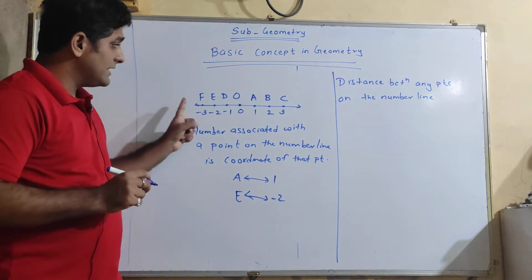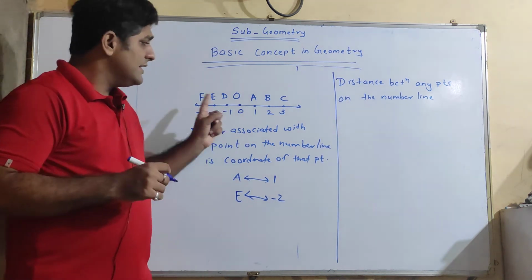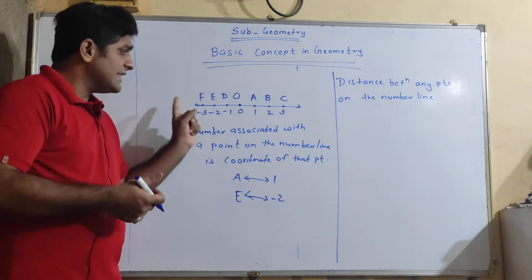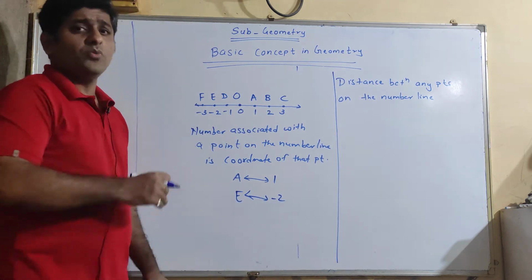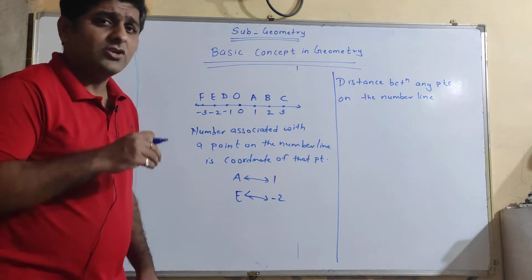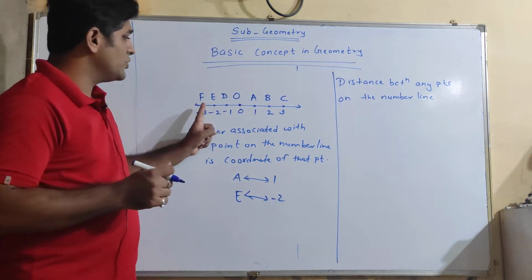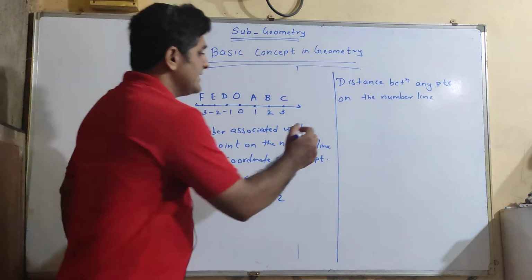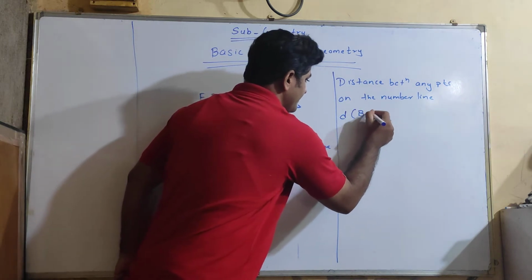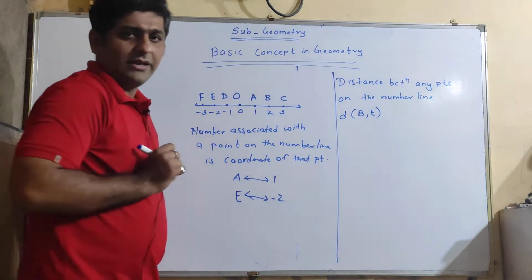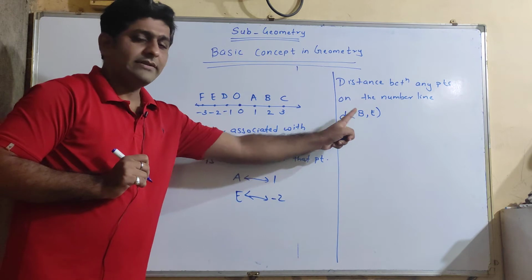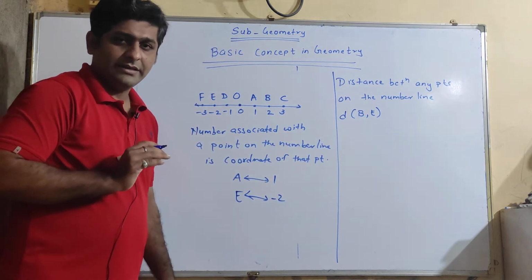Suppose there is a number line given and they will ask us to find the distance between any 2 points on the number line. So how are we going to find it? Let's try and understand. Suppose a question is asked, find distance BE.